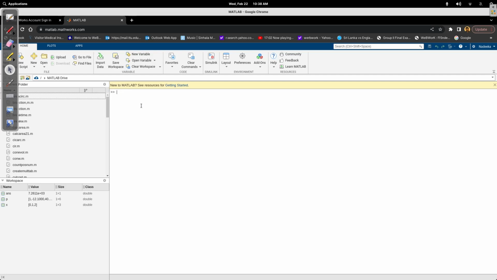Now I have to plot this one. To plot, I can use the linspace option.